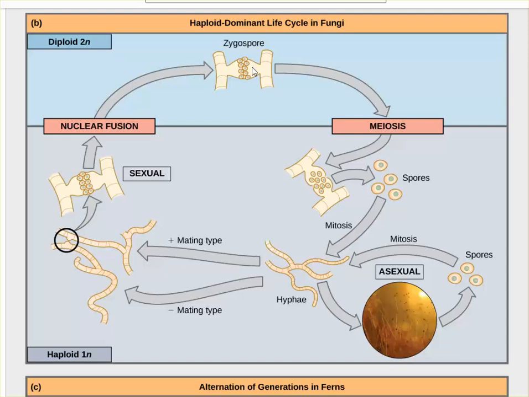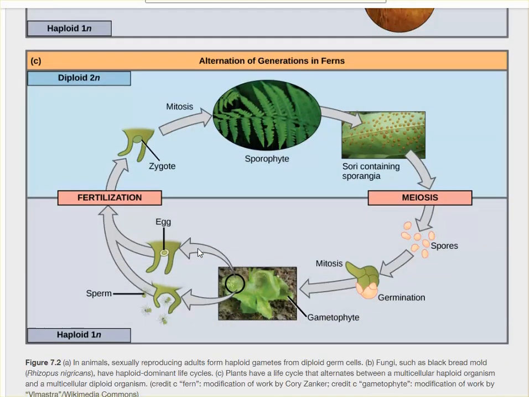And then in order to get ready to do it again, meiosis is going to be the reduction division that creates haploid cells again. And then those haploid cells are going to fuse. So it's this balance of fusing haploid cells and then making a diploid cell and then making more haploid cells through meiosis. We see that in the plants too.